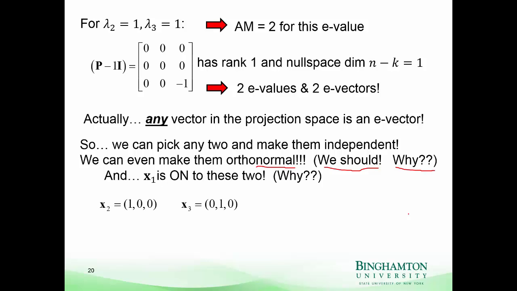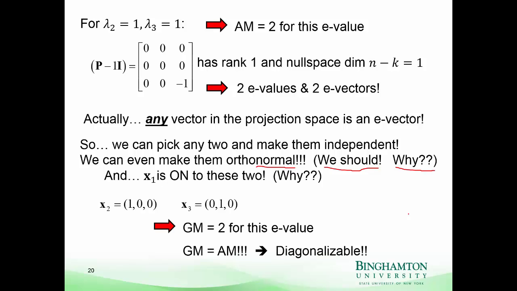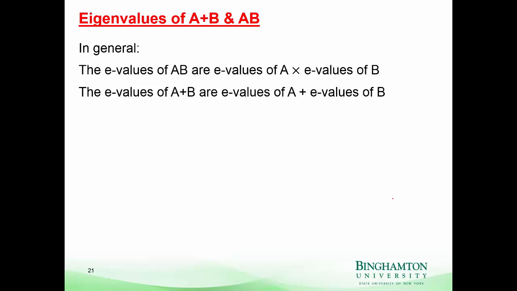And so there's our two vectors, and we chose them to be orthonormal. And so now for this eigenvalue, the geometric multiplicity is 2, which equals the algebraic multiplicity. And when the geometric multiplicity equals the algebraic multiplicity for every eigenvalue, then the matrix is diagonalizable.